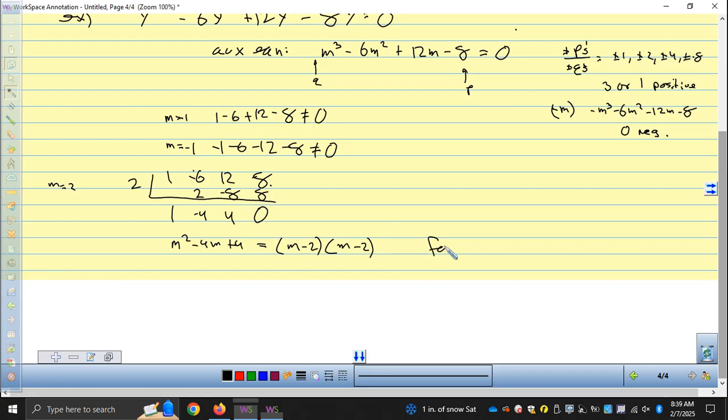So our factor is m minus 2 to the third. So my solution, y equals c1 e to the 2x plus c2 x e to the 2x plus c3 x squared e to the 2x.